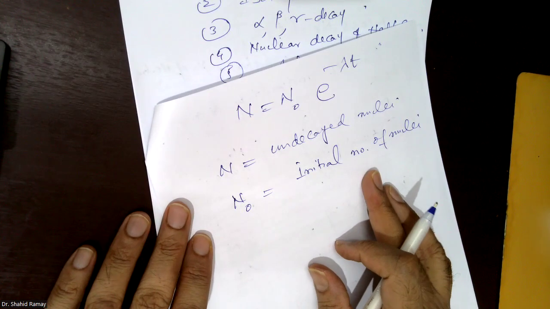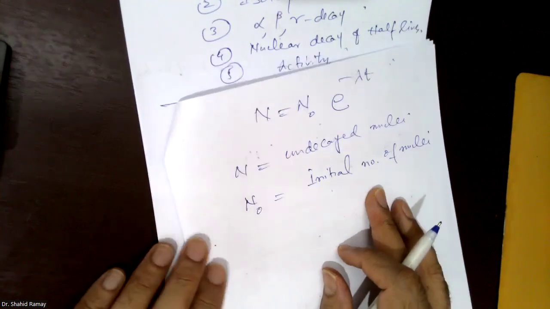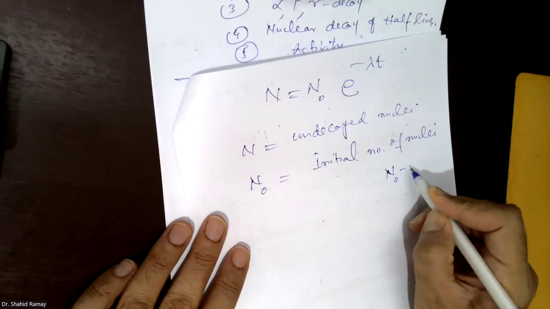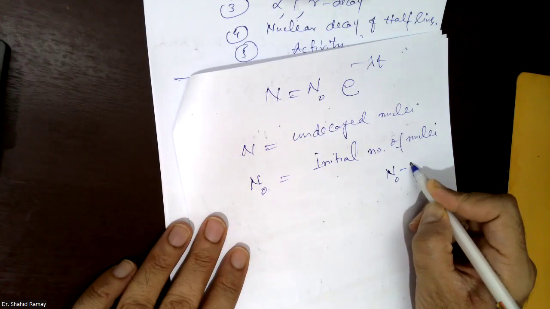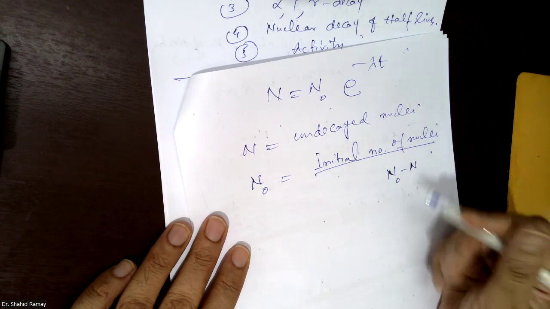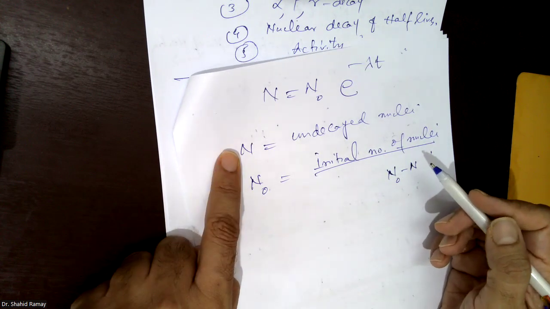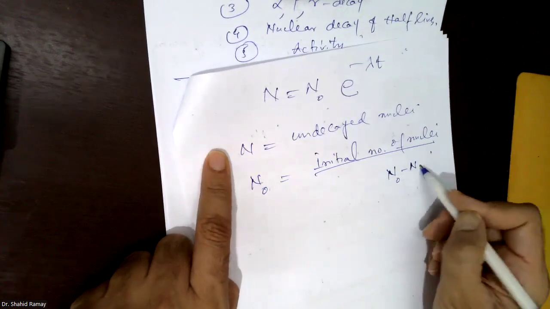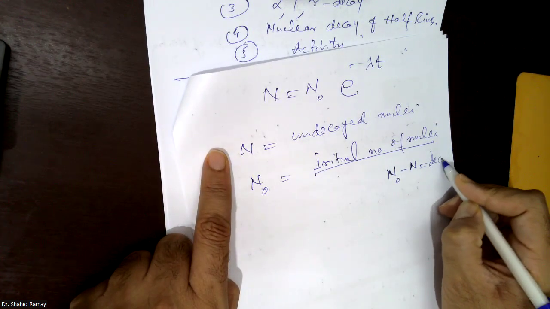So if you want to find the decayed, surely you will subtract N naught minus N, because the initial number of nuclei means total. From the total minus undecayed, you can find the decayed.